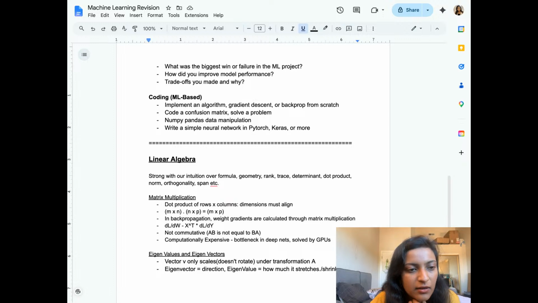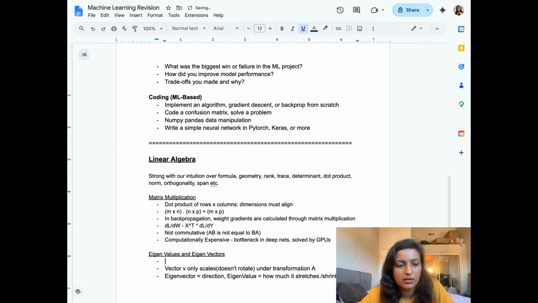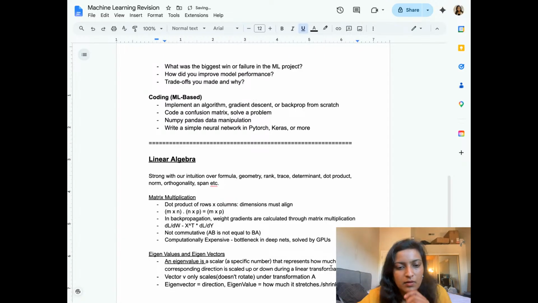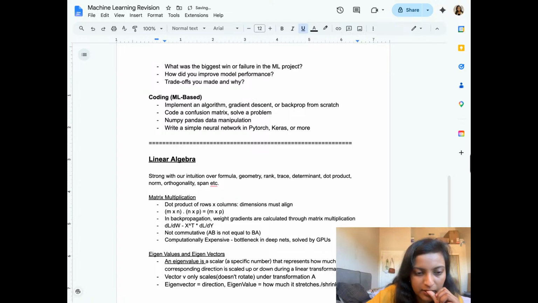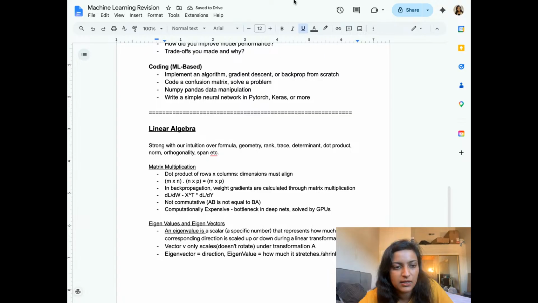Eigenvalue is a scalar that represents how much a vector is scaled up or scaled down during a linear transformation. And the formula is something like this.